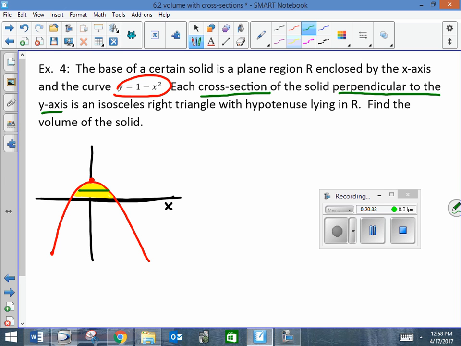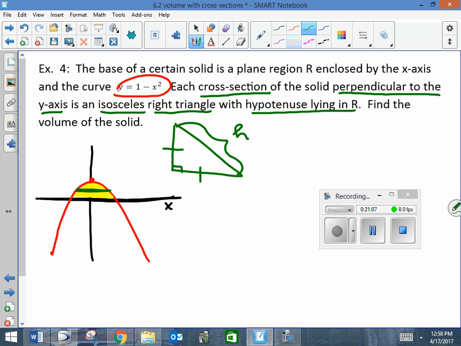And they're isosceles right triangles, so they look like this, with this piece right here as the hypotenuse. Hypotenuse, line, and arc. So that's all dictated. You don't have to worry about that, but you just have to get it right.